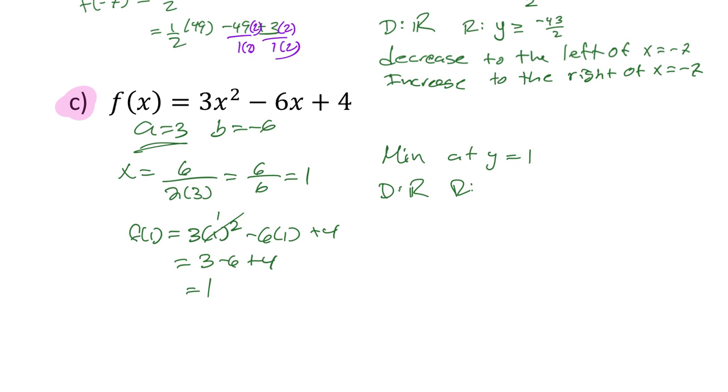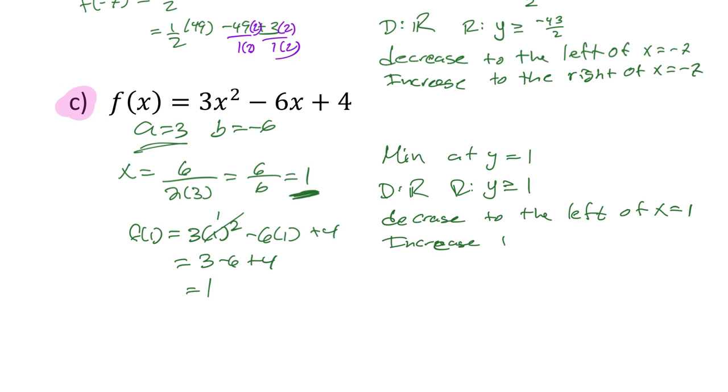Range is y greater than or equal to 1, and it decreases to the left of x equals 1, and that one is this one over here, and it increases to the right of x equals 1.